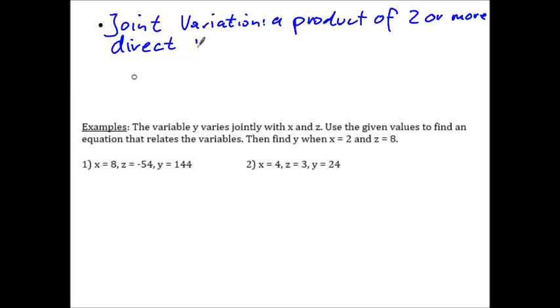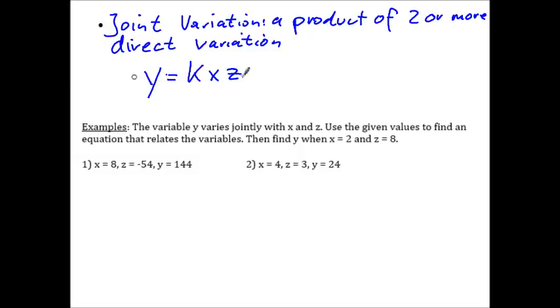A product of two or more direct variations, and the equation is y is equal to k times x times z. So we have at least one more variable. In this case, it's z.